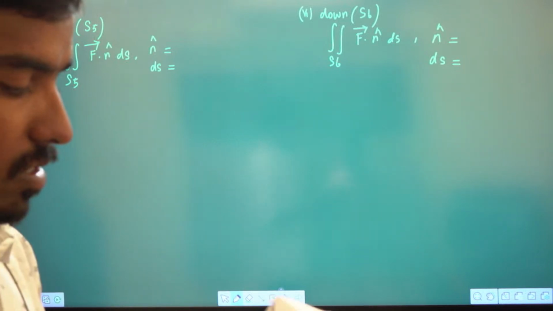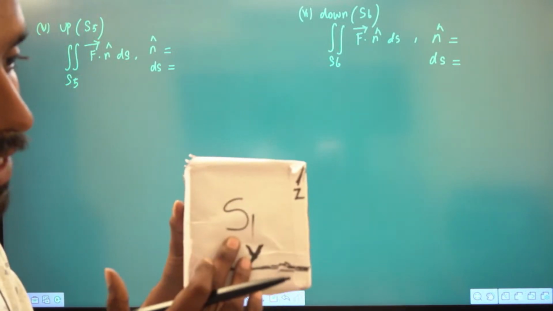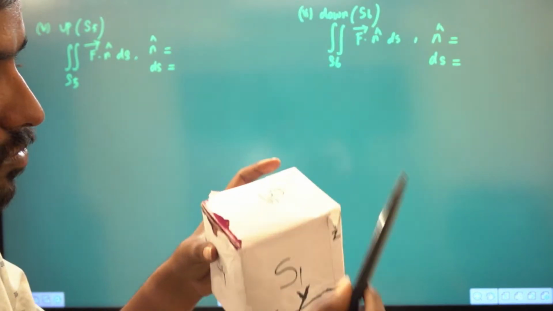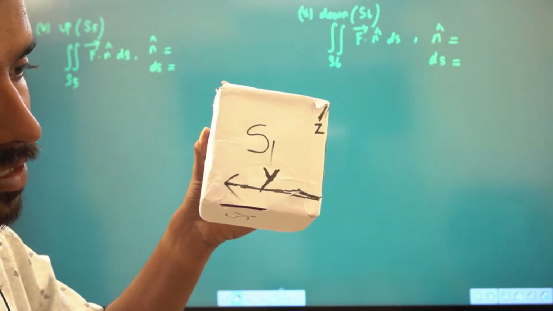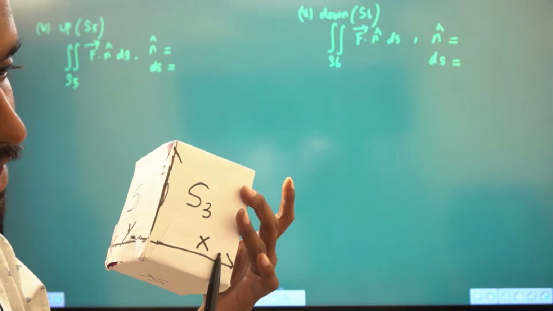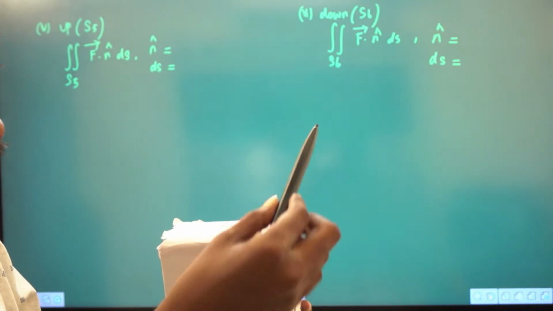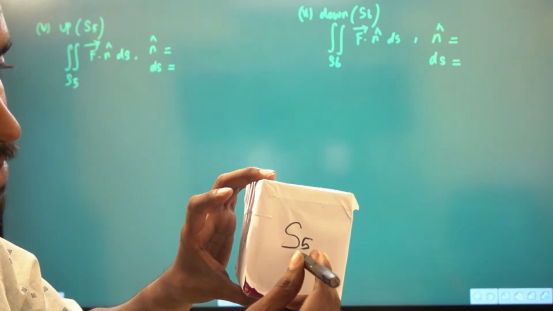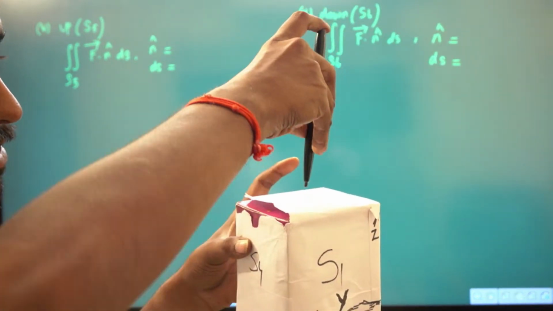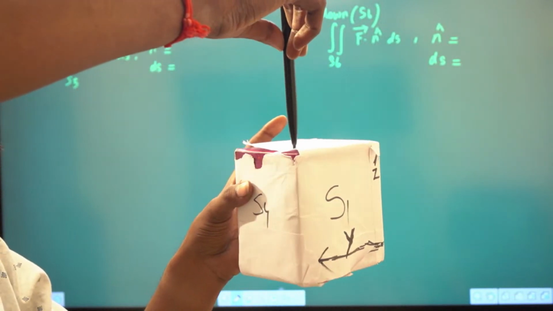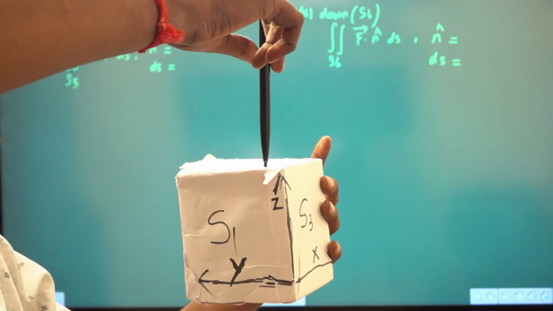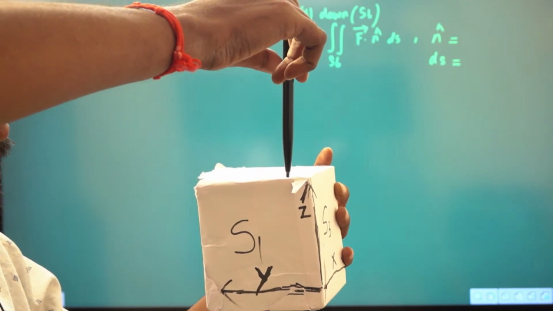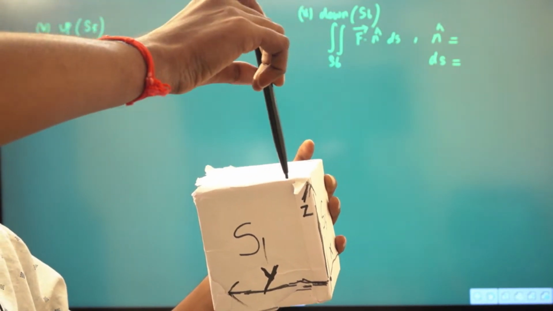Now let us take the up surface. We have S1, S2, S3, and S4. I'm taking the up surface, so up surface is S5. So we have y, x, and z axis, and I'm taking a vector that is perpendicular to S5. Now we can see this is the same as the z-axis. So your unit normal vector is nothing but the z-axis, which is nothing but a k vector.